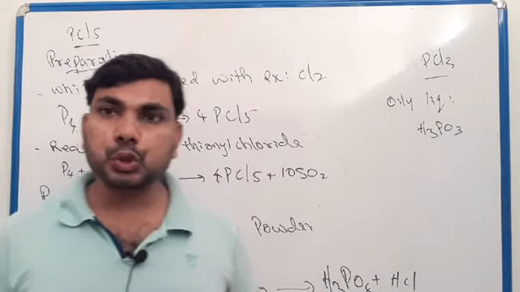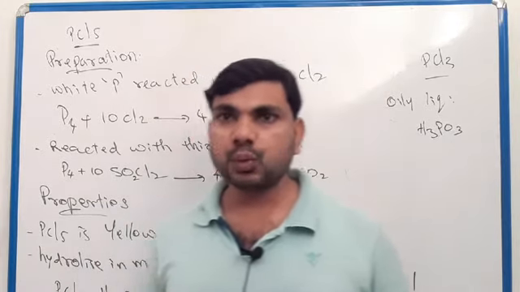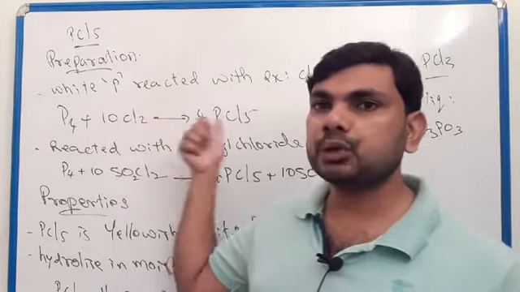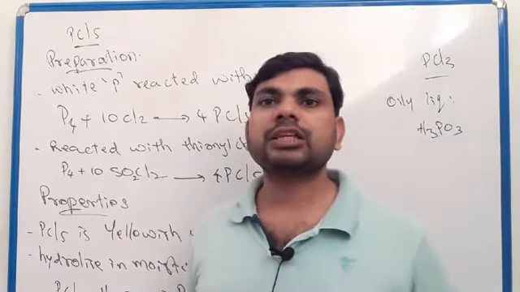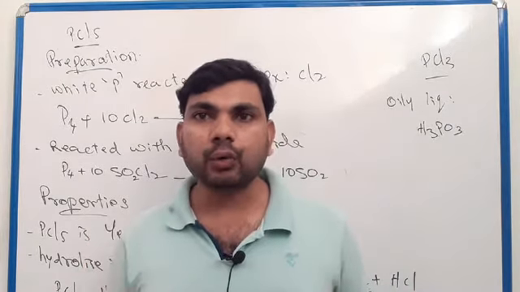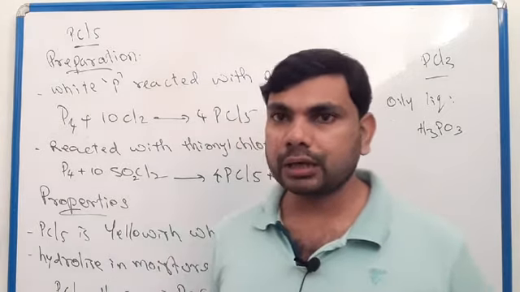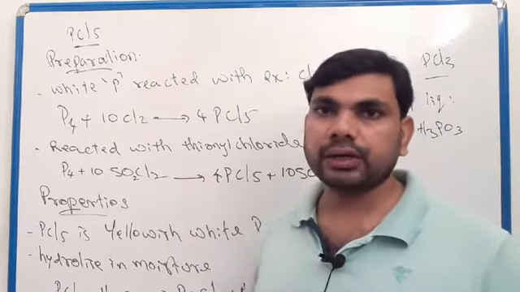So these are the two methods to prepare PCl5. First one, P4 reacting with excess Cl2 produces PCl5. Second method, P4 reacting with SO2Cl2. White phosphorus reacted with SO2Cl2 produces phosphorus pentachloride.